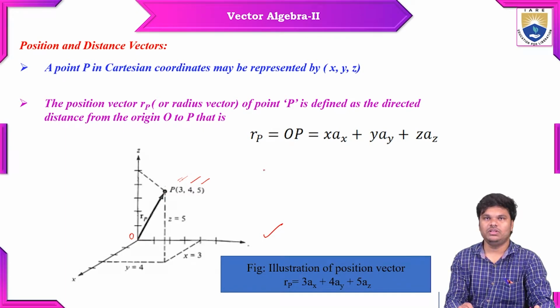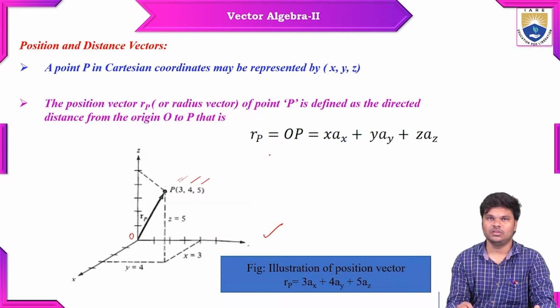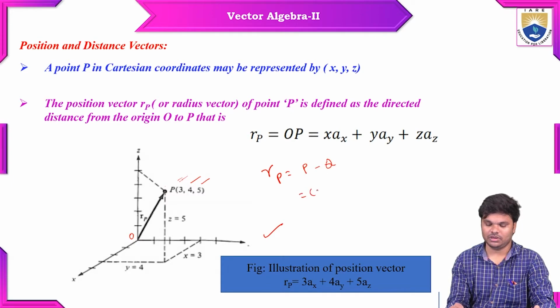Now how do we find this position vector RP? This position vector RP is nothing but P minus origin, and the origin is 0, 0, 0.